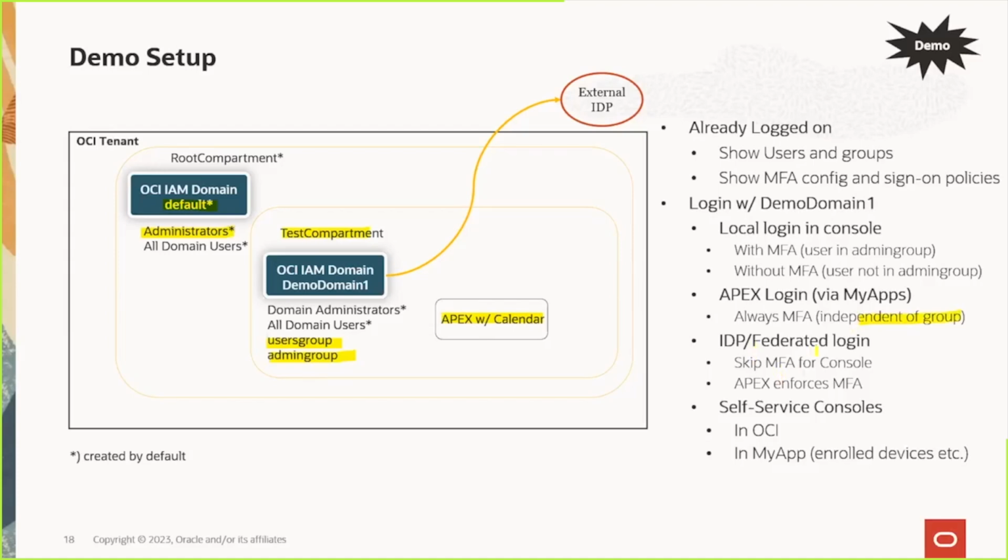And then I will show how the IDP configuration will be able to skip the MFA for the console. But again, here, Apex will override this and enforce MFA in any case.